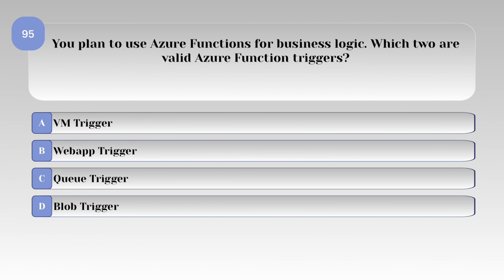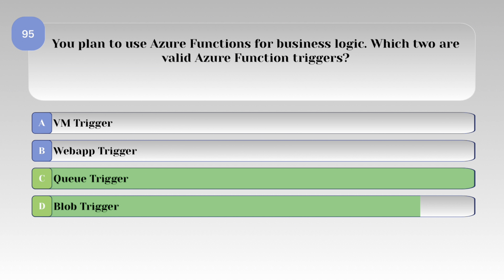You plan to use Azure Functions for business logic. Which two are valid Azure Function triggers? Correct answer, queue trigger and blob trigger.